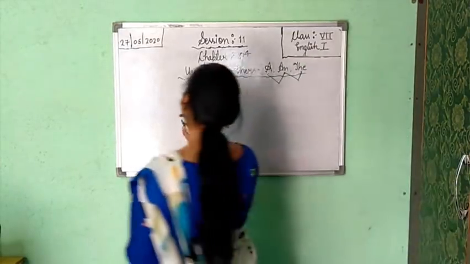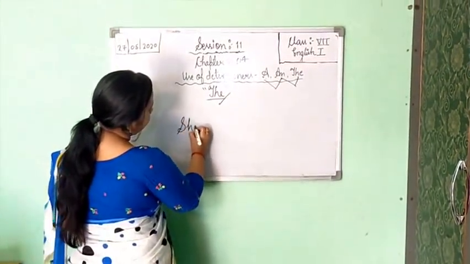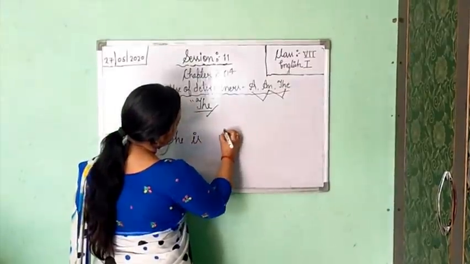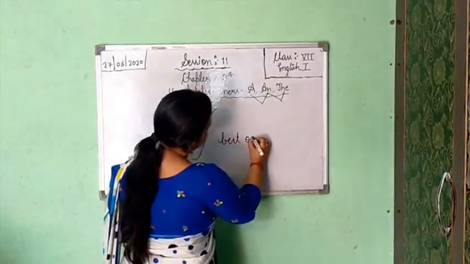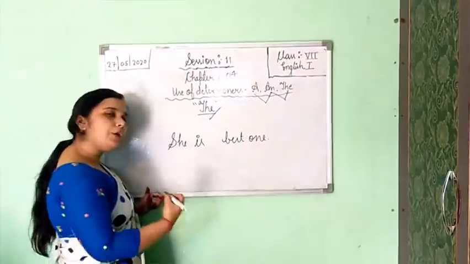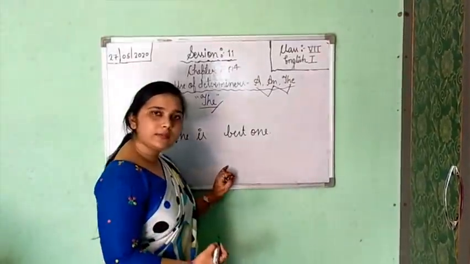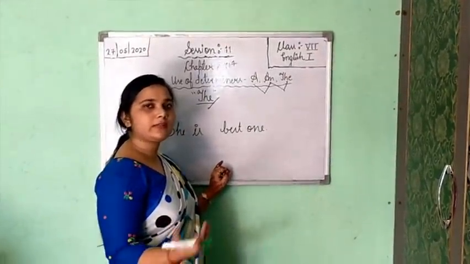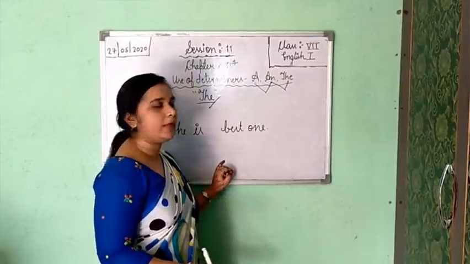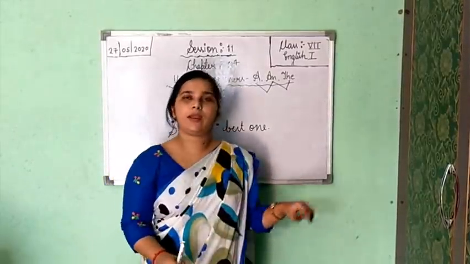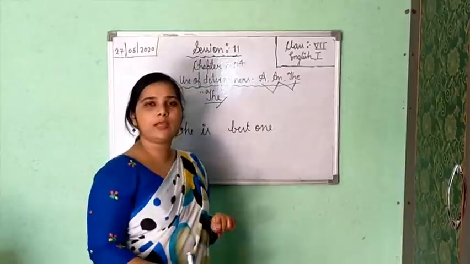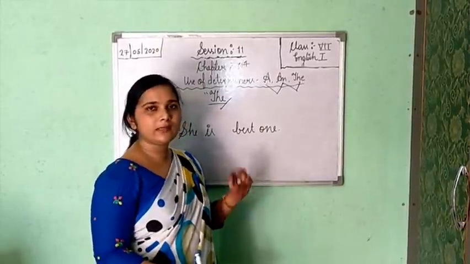For example, she is the best one. Now here, good, better, best. In the positive degree, because it is only a describing word, you are getting good. In the comparative, when the comparison is made between two things, we are using the comparative degree, that is better.